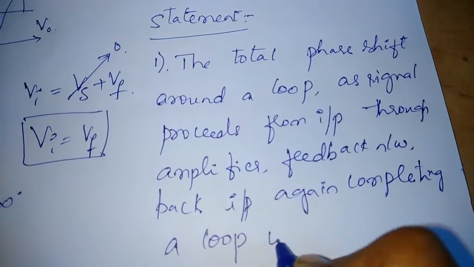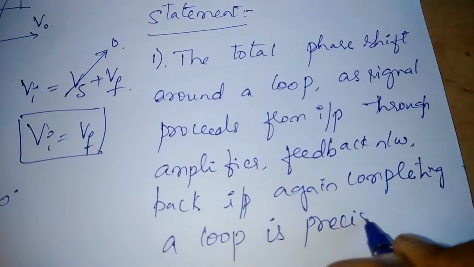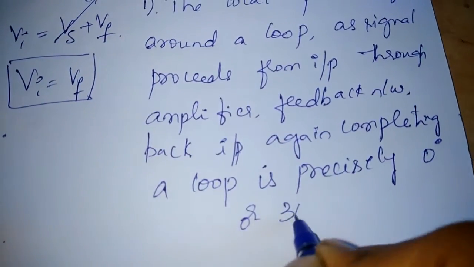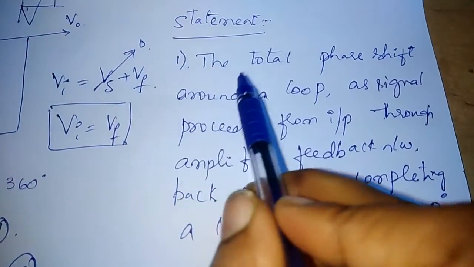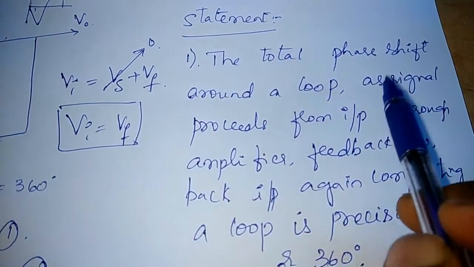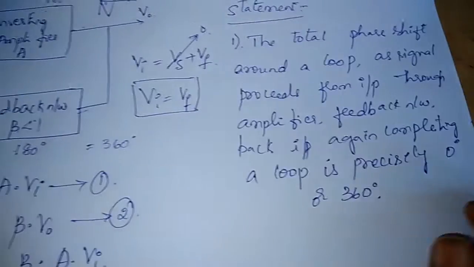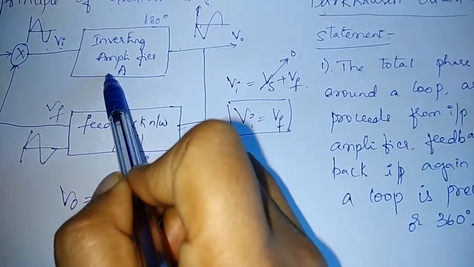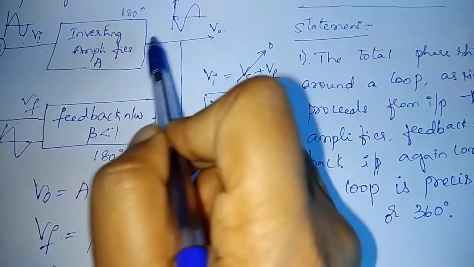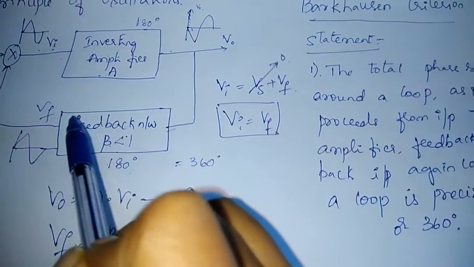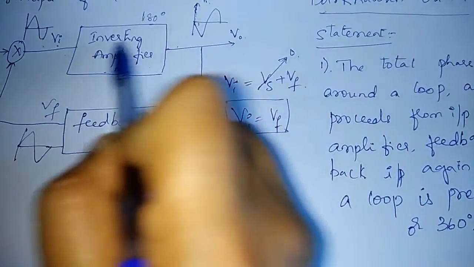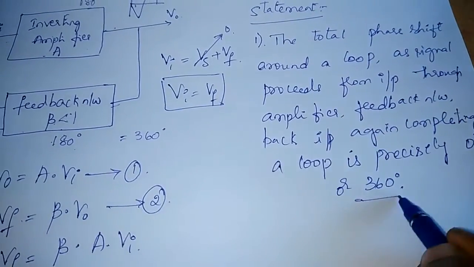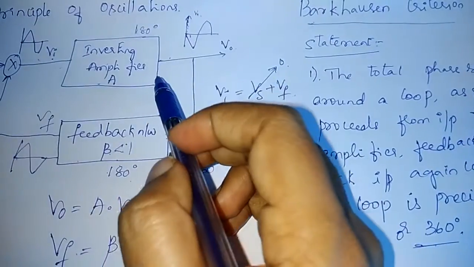It should be precisely 0 degree or 360 degree. So the total phase shift around a loop as the signal proceeds from input through the amplifier, through the feedback network and back to the input again, completing one full loop, should be either 0 degree or 360 degree.